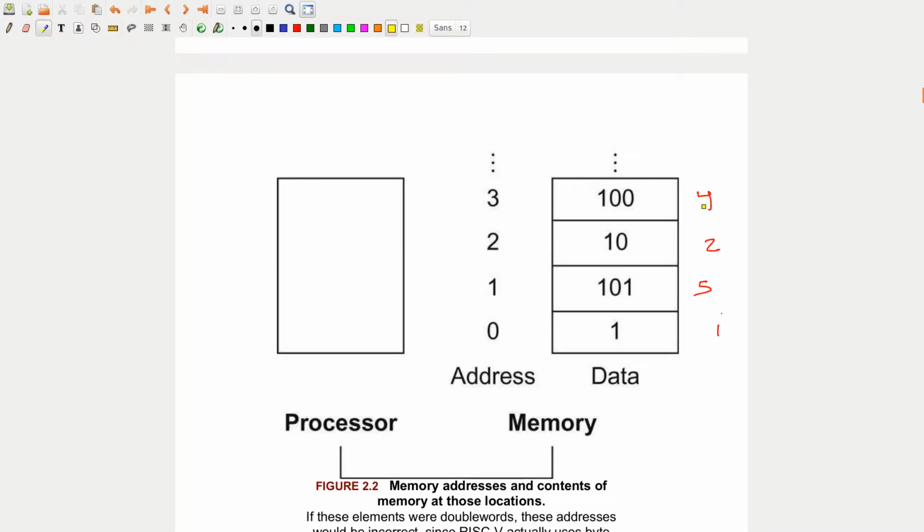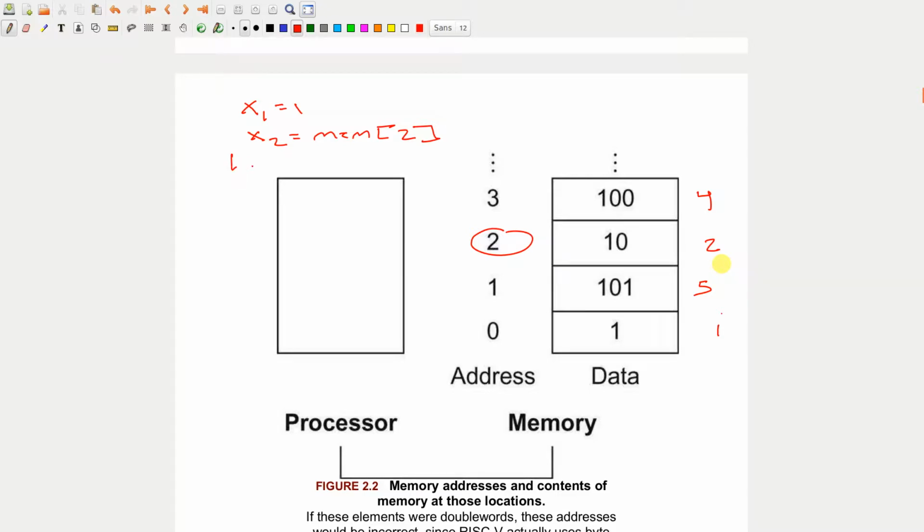So let's look at this example up here. Let's say we wanted to get what was stored at address 2. And let's say we had x1, and let's say that was equal to 1. So if we wanted to load something into x2, we want x2 equal to mem of 2.